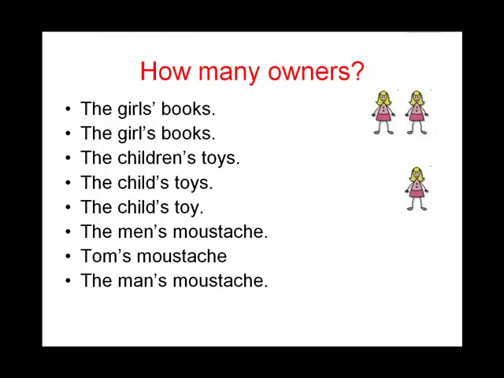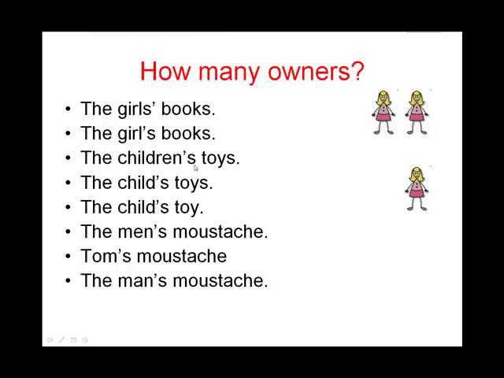Take a look at these sentences which are very similar to one another, but the meaning is different. The girls' books. The girls here is plural. It ends with an S, and so we only use an apostrophe. The girl's books. This sounds very much the same, but in this case, there's one girl only, so apostrophe S. The children's toys.